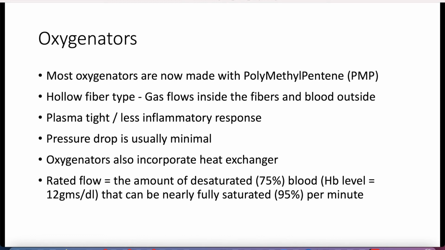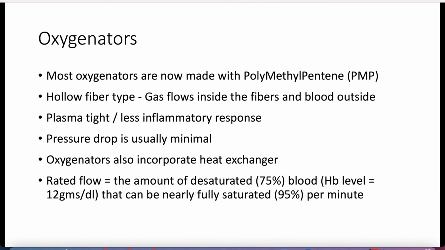An important concept to understand about oxygenators is the rated flow. The rated flow describes the oxygenating capacity of the oxygenator. It depends on the surface area and the membrane characteristics that are used in designing the oxygenators.